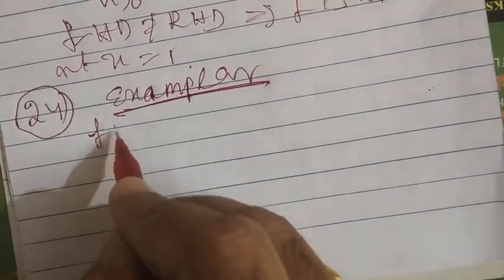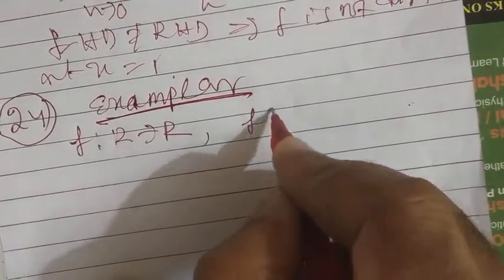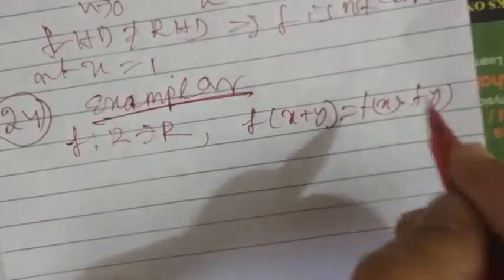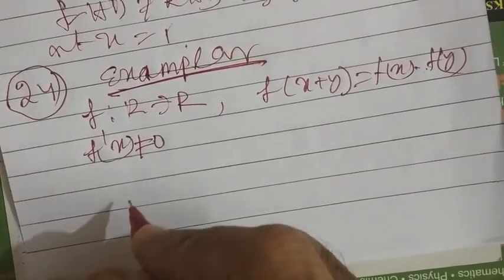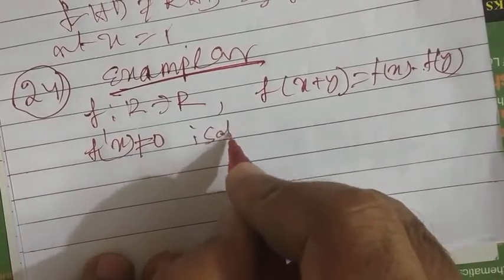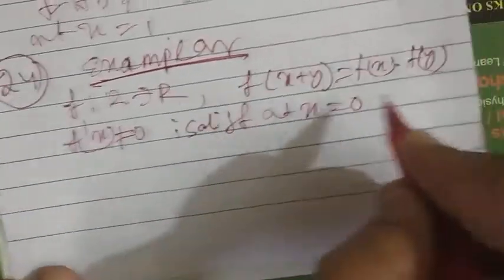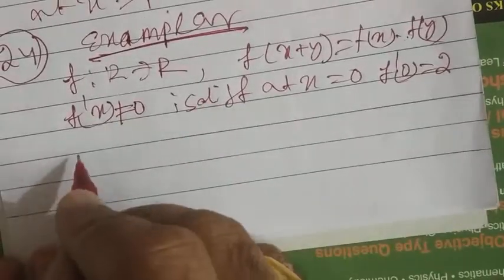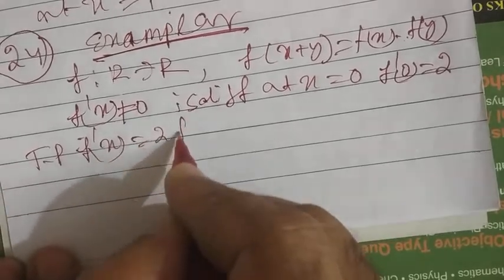Given f is a function from R to R and that satisfies the relation f of x plus y is fx into fy, and it is also given fx is never 0, and also given it is differentiable at x equal to 0, with f dash 0 is 2, and we will prove f dash x is 2 into fx.